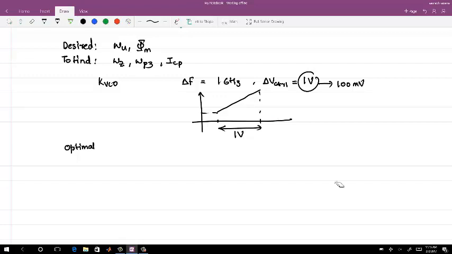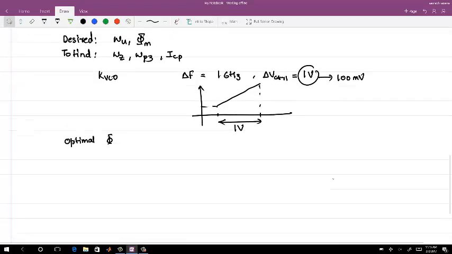So let me just say, for optimal phase margin, if I want the derivative to be equal to 0, what shall I do? And this is simple: d phi m by d omega evaluated at omega equals omega u should be equal to 0.